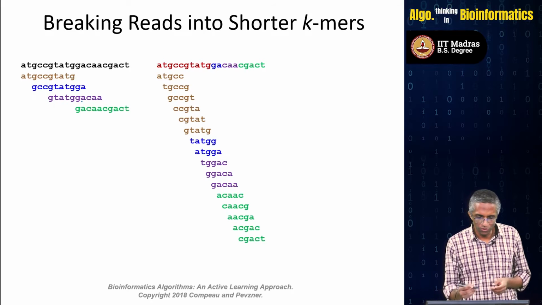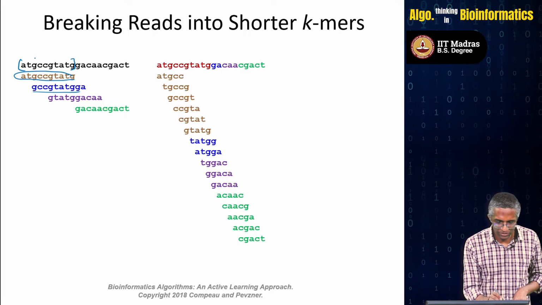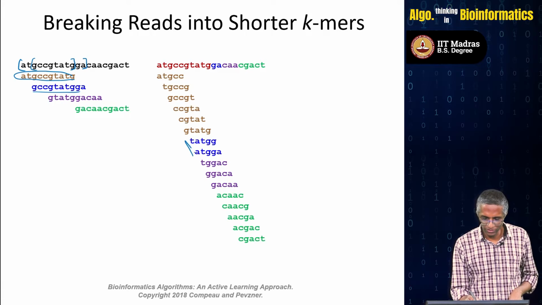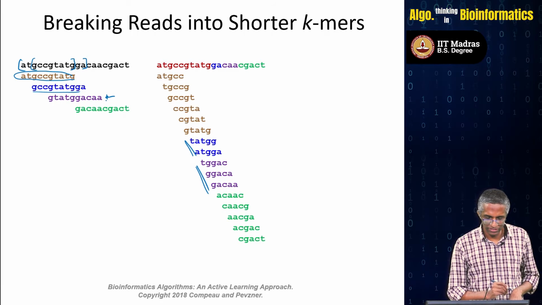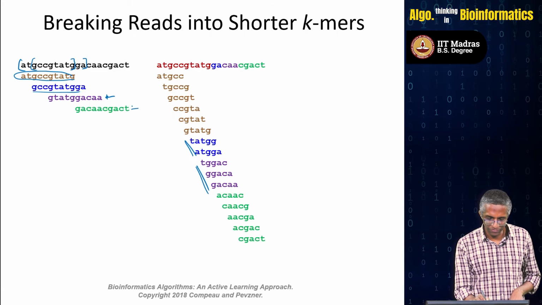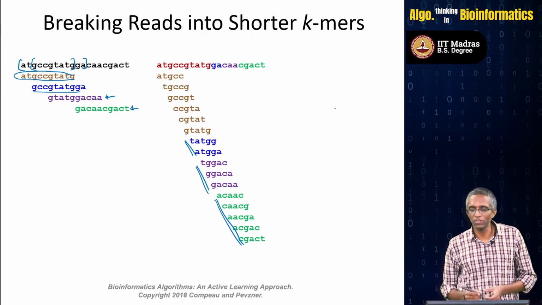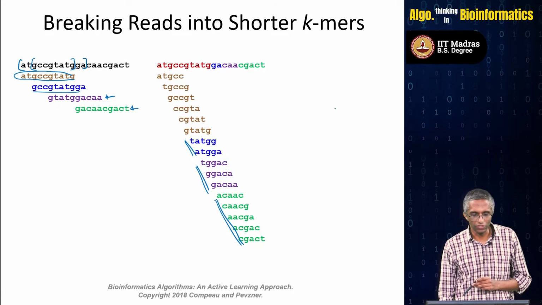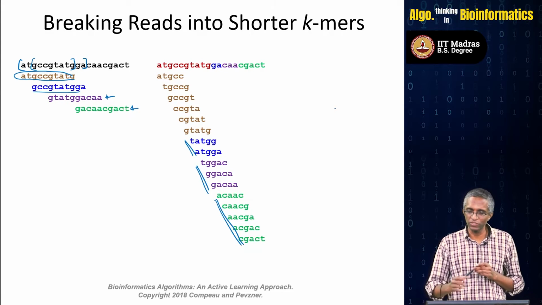So this will cover all these locations, and then this will cover these locations, and similarly the blue read, the violet read, and the green one. Then you are able to cover all the k-mers for a smaller k by breaking reads into shorter k-mers. Then you can construct the de Bruijn graph using the smaller k-mers.